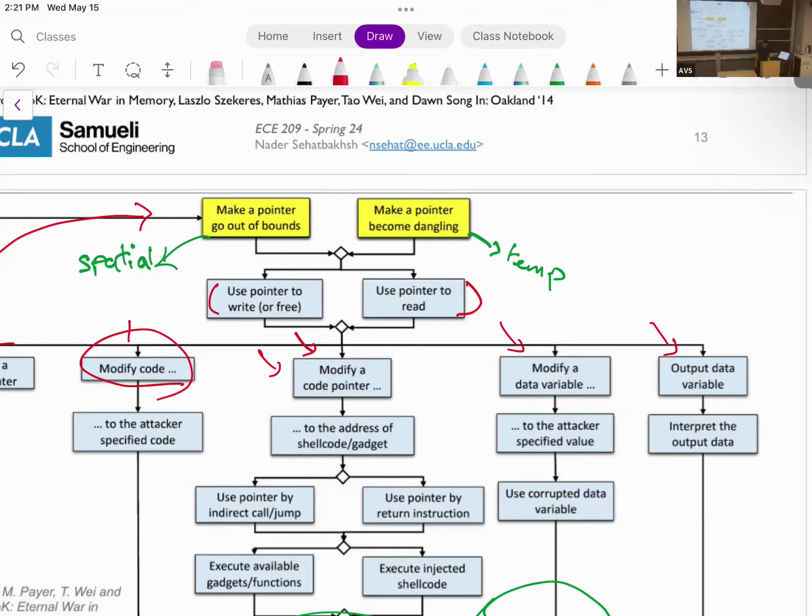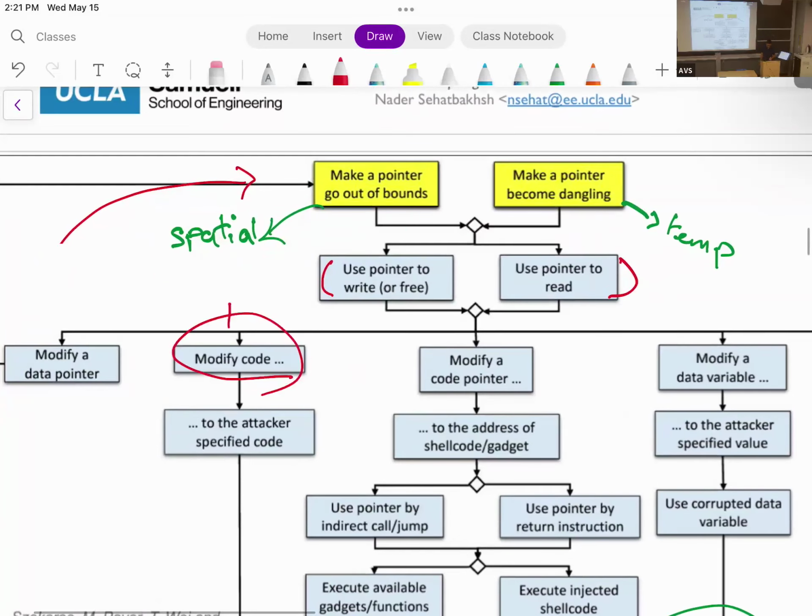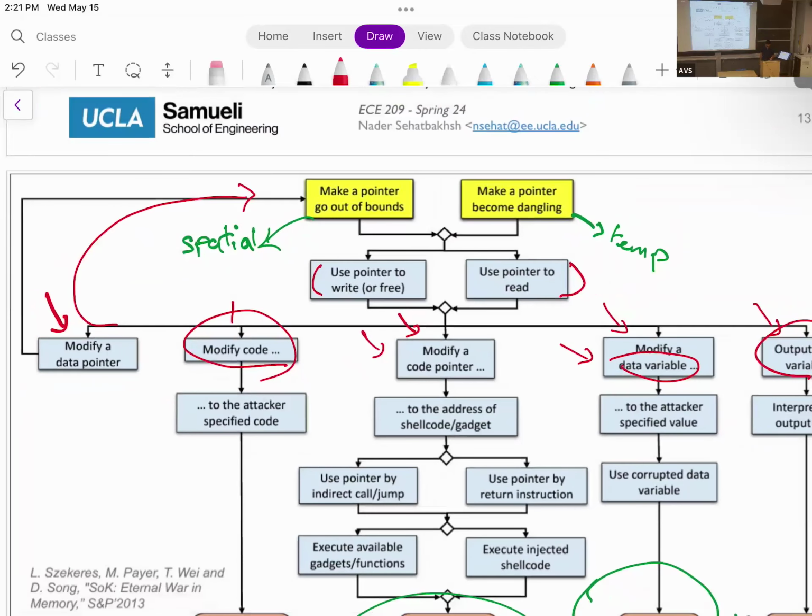I can also then focus on data. I can change a particular data as I wish, again, if I have control over writing arbitrary parts of the system. And this data could be either the data variable or the output data variable, like the output of the system. I can do that too. Okay. And then again, the story here, you've probably seen this one in the middle more.